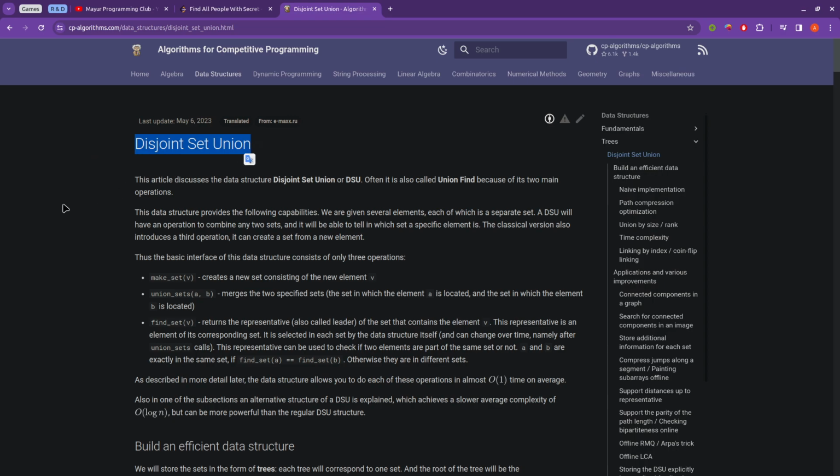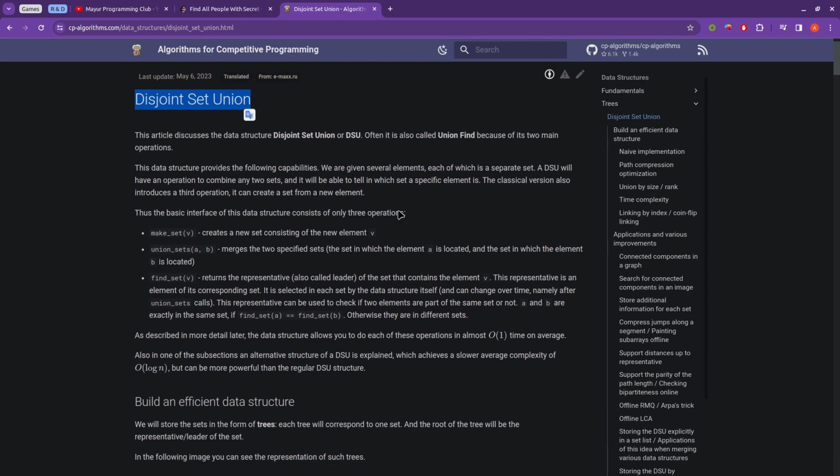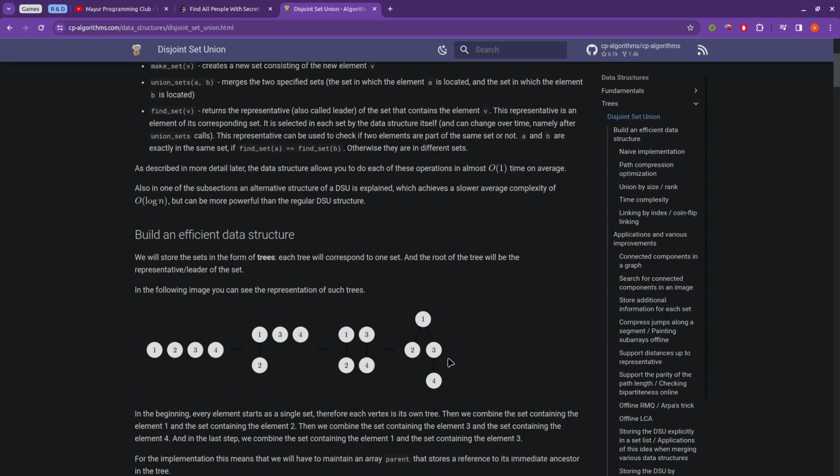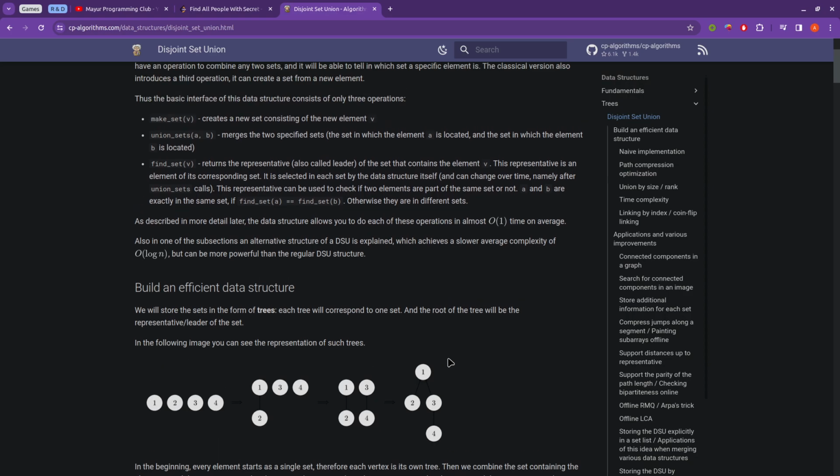So it's basically a data structure. Or you can say it is a way of connecting two disjoint sets in the best time complexity that can be there, and to know instantly whether two nodes are connected or not. Okay, so I will not dive very deep into this concept.